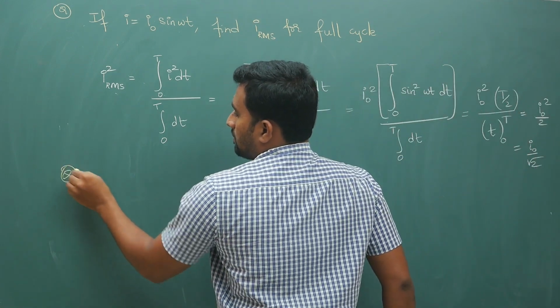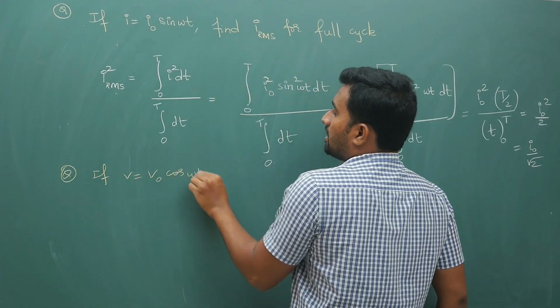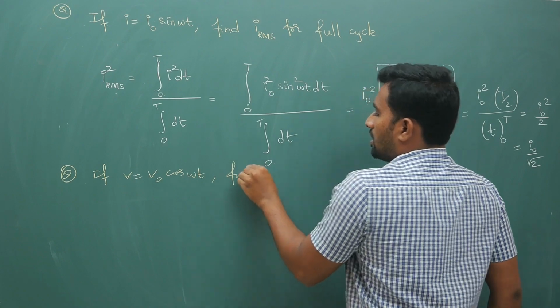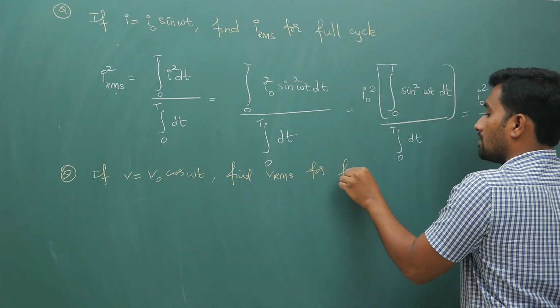Next, if V is equal to V naught cos omega t, find Vrms for a full cycle is your next question.